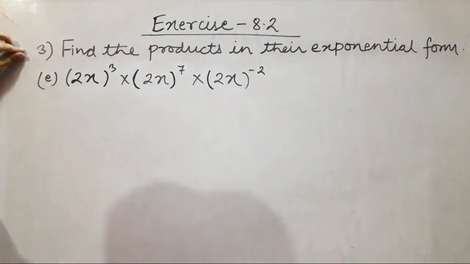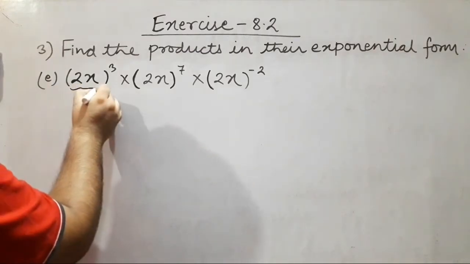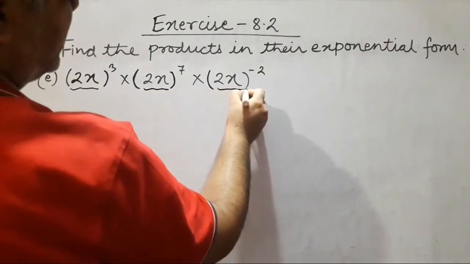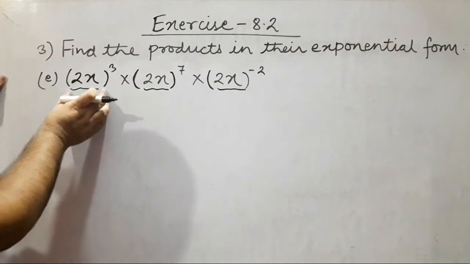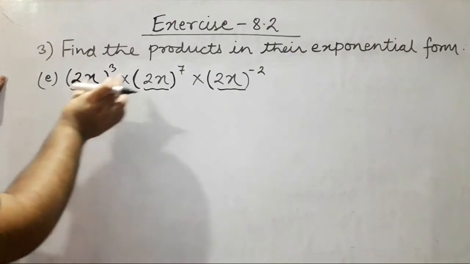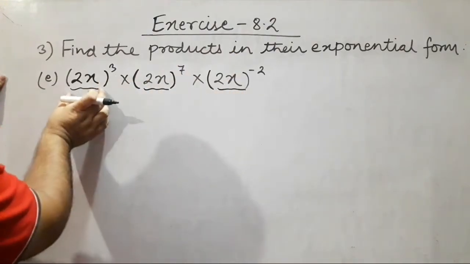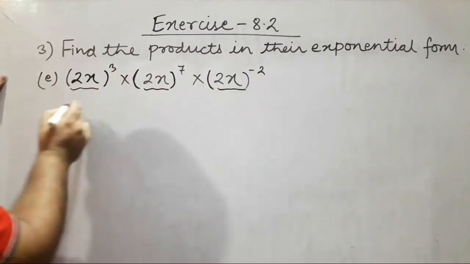Okay, question number E. Here we can see that inside the bracket there is 2x. Here also inside the bracket there is 2x. Here also inside the bracket there is 2x. Means we can consider this bracket 2x as a base. And when same bases are multiplied, then their powers can be added.